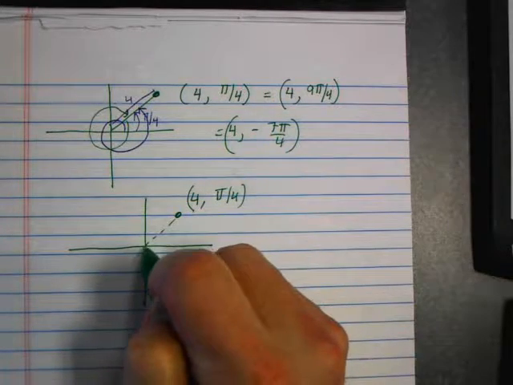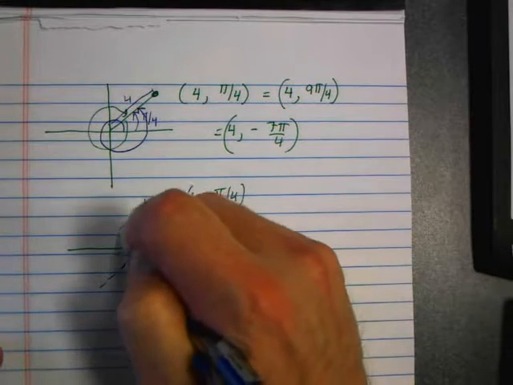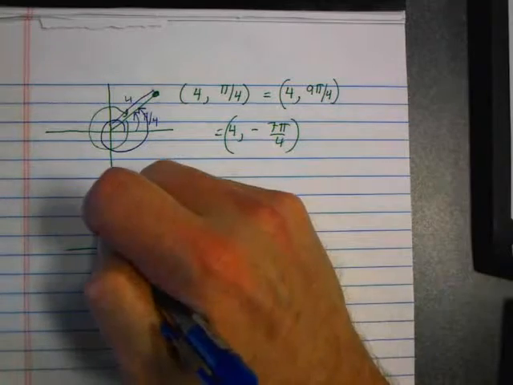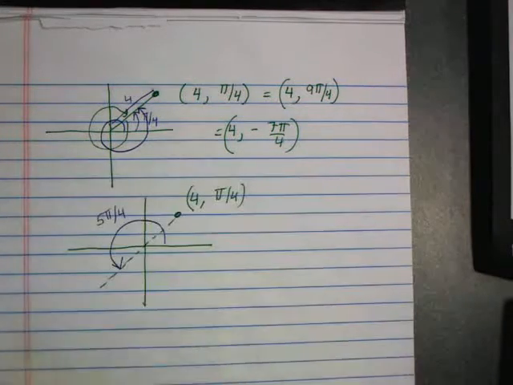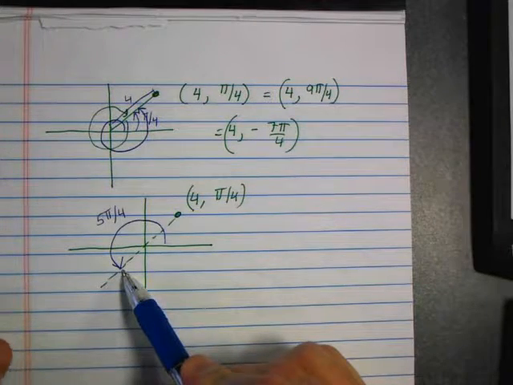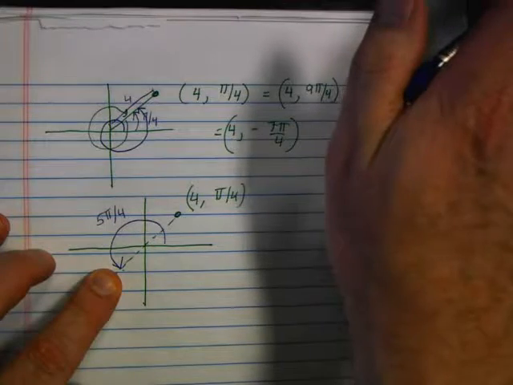The other thing we could do is measure this angle in quadrant 3. How much is that angle? 5 pi over 4. So if I wanted to use the angle 5 pi over 4, then we would call our radius negative 4 to go back that direction.